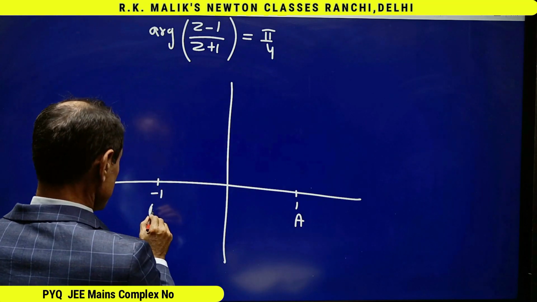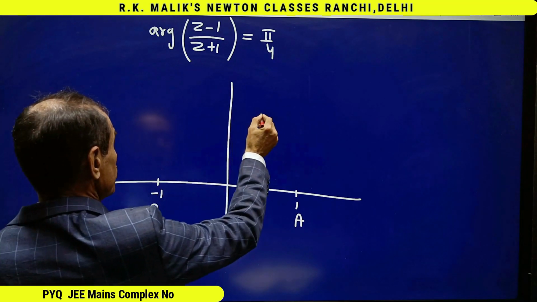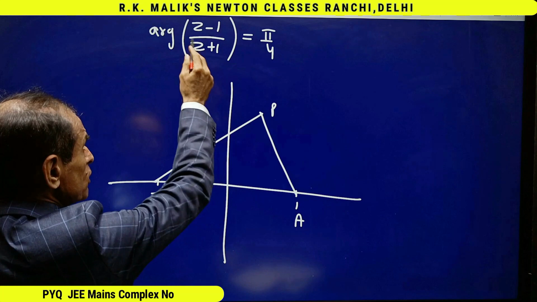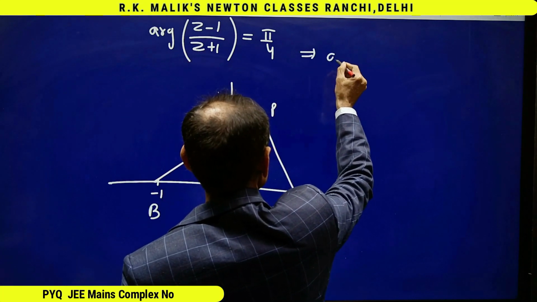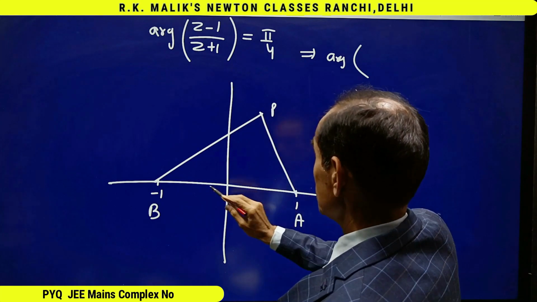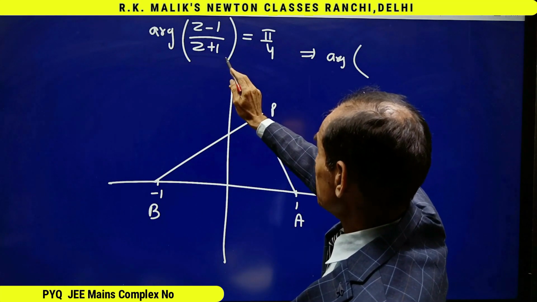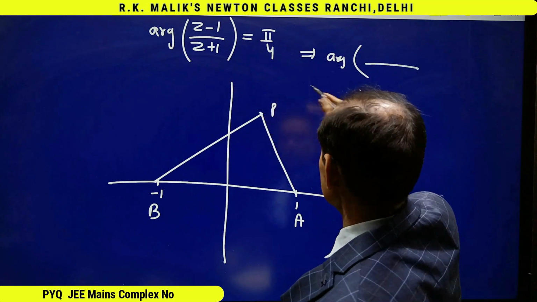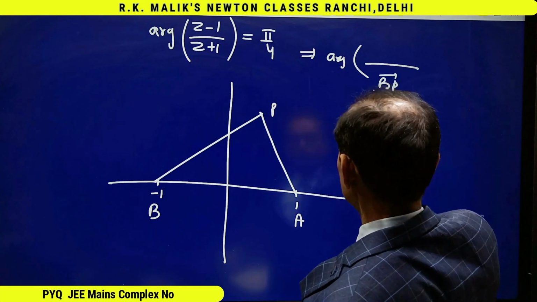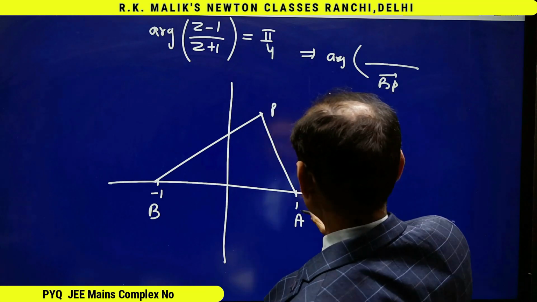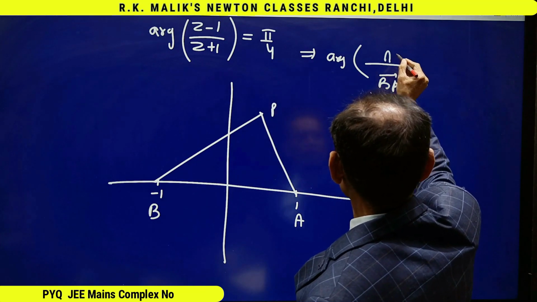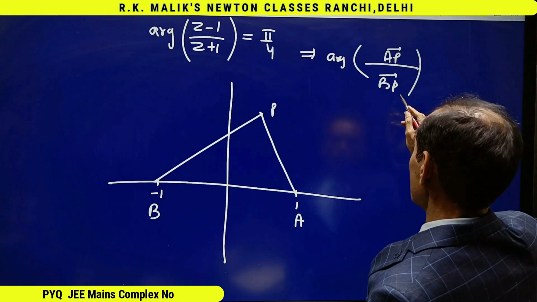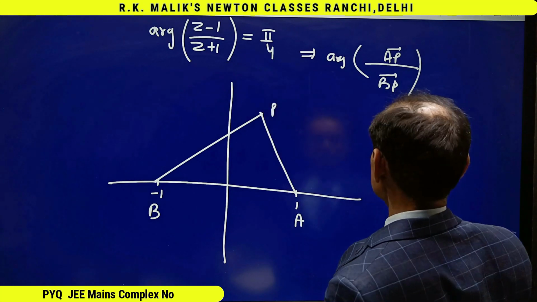Let us name this point as A, this point as B, and the variable point as P. As I told you, z plus 1, that is z minus minus 1, is representing the BP vector, and z minus 1 is representing the AP vector, because BP vector means complex number of P minus complex number of B, which is the same as this.